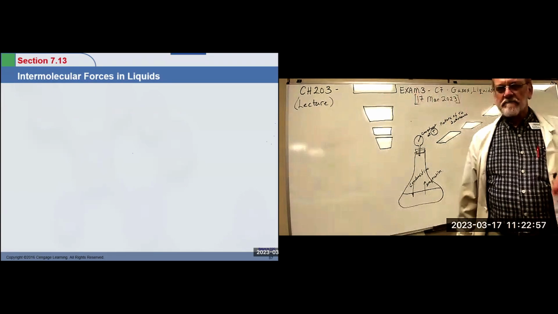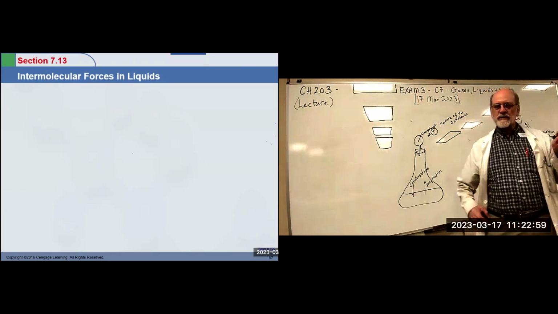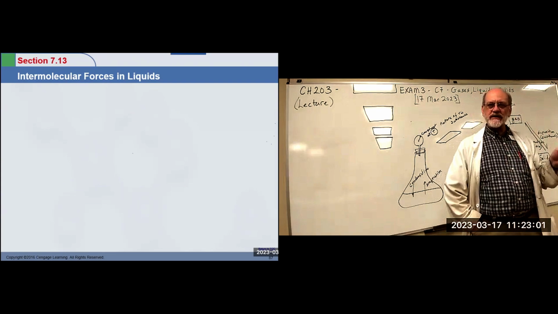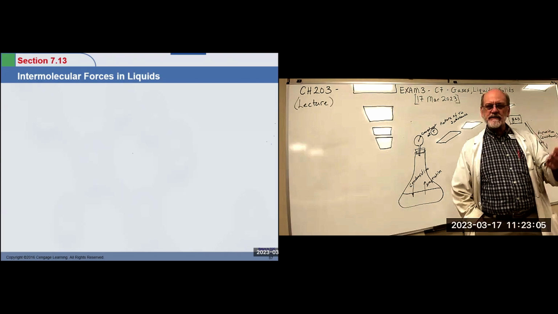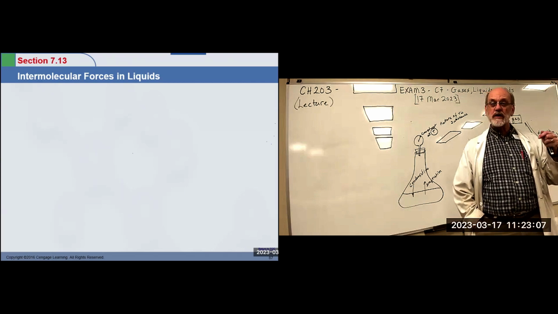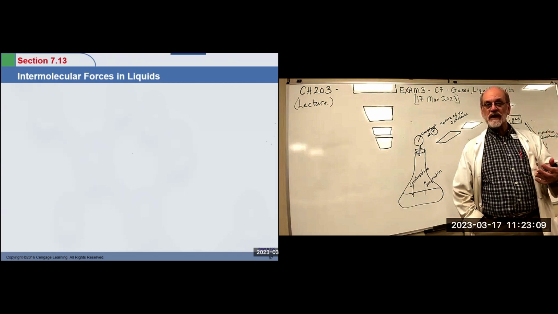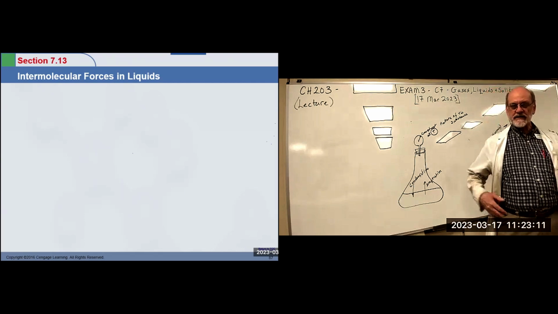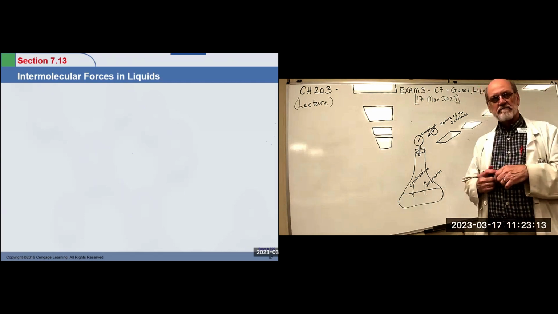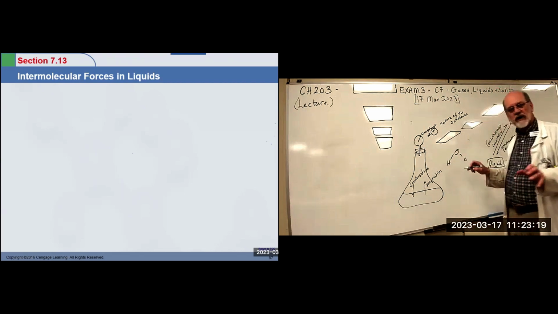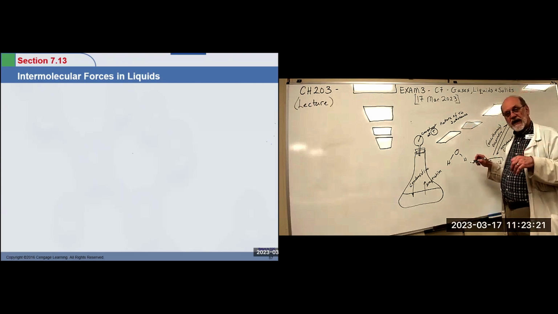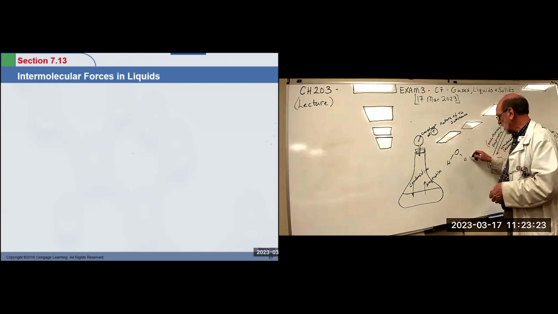So we talked about disruptive versus cohesive forces earlier. These cohesive forces are what are also identified as intermolecular forces. That is, for instance, 2 water molecules approach one another. And we've already talked about the polarity of the water molecule. This is going to be slightly positive.